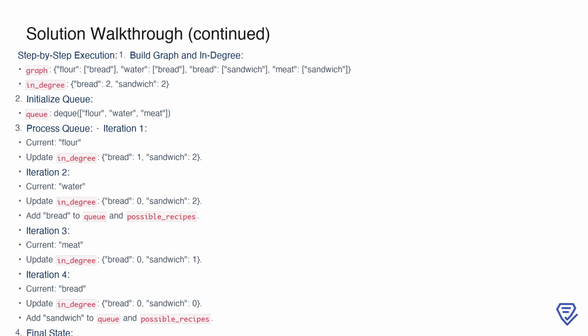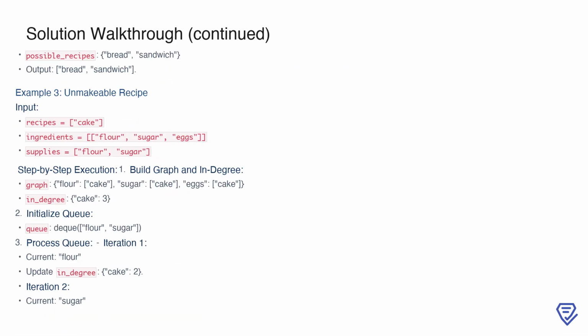Next, meat is dequeued, which reduces sandwich's indegree to 1. Finally, bread is dequeued, reducing sandwich's indegree to 0. With sandwich now makeable, it is added to the queue and the list of possible recipes. Once the queue is fully processed, the final state reveals that both bread and sandwich can be made. The output for this example is bread, sandwich.